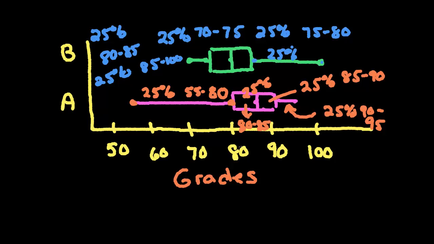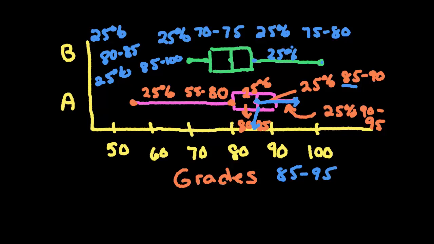But if you look at the other graph, what percent scored in that same range, from 85 to 95? Well, here's our 85, and that lines up with the median here. So we have from the 50% mark all the way to the end.